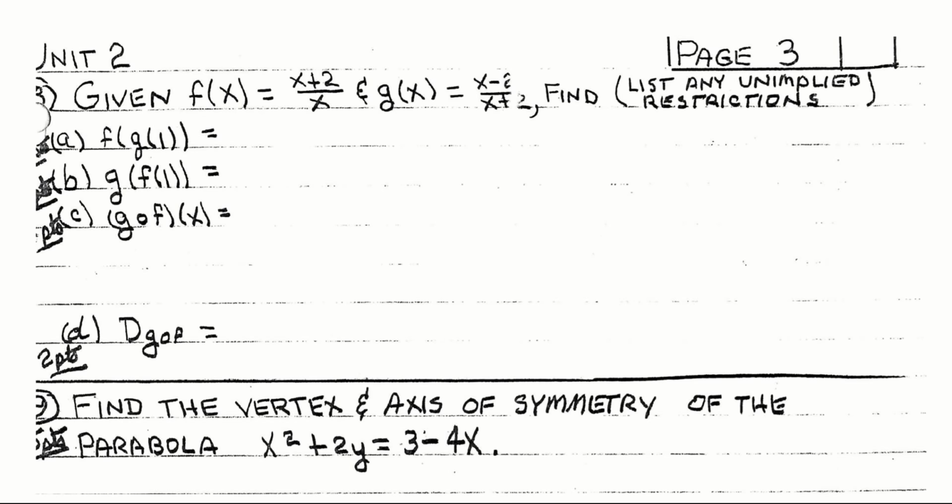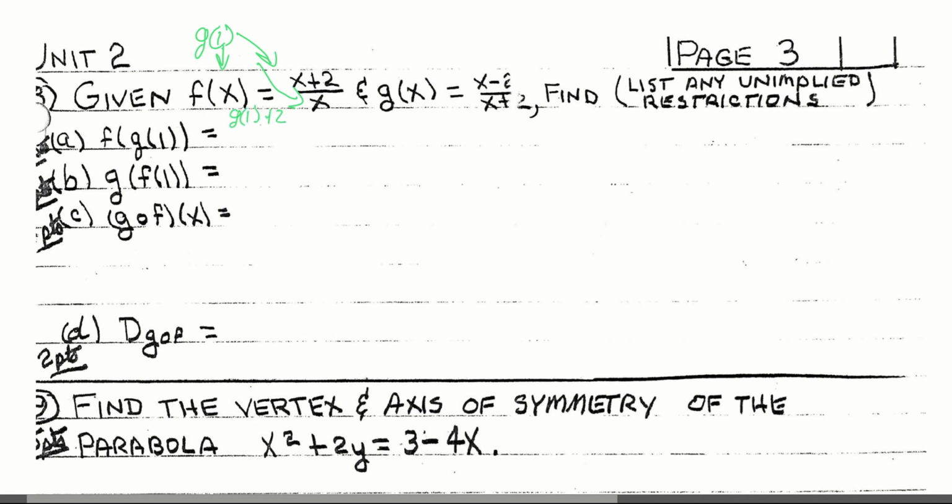So I'm looking at f, and it's x plus 2 over x. But what I'm supposed to put in is g of 1. So g of 1 is going to go in for this x and these x's here. So I'm going to have g of 1 plus 2 over g of 1.